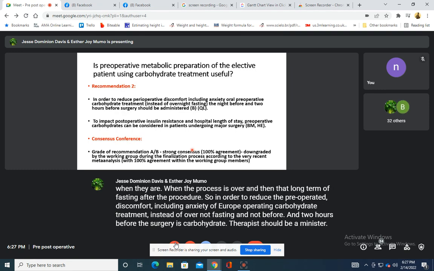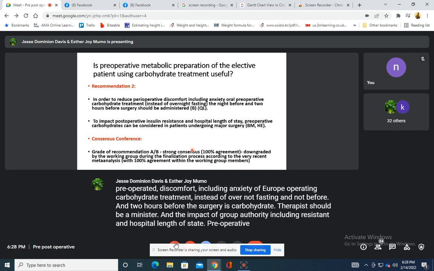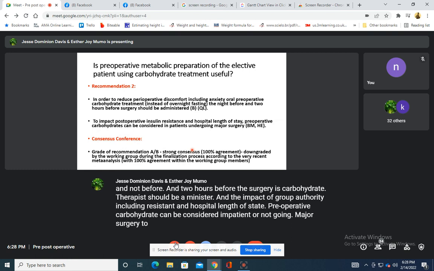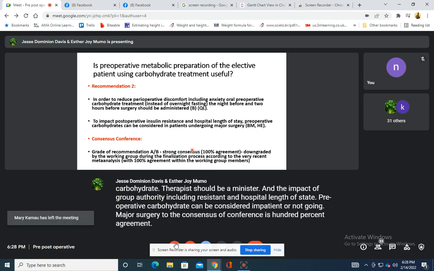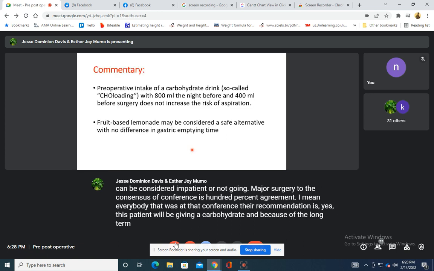And considering the impact of preoperative insulin resistance and hospital length of stay, preoperative carbohydrate can be considered in patients undergoing major surgery. The consensus conference is 100% agreement. Everybody that was at that conference, their recommendation is yes, this patient will be given a carbohydrate treatment because of the long duration of this major surgery.